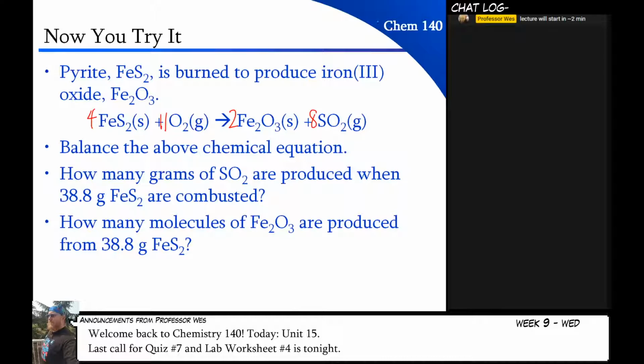How many grams of SO2 are produced when 38.8 grams of FeS2 are combusted? So we'll go over here.